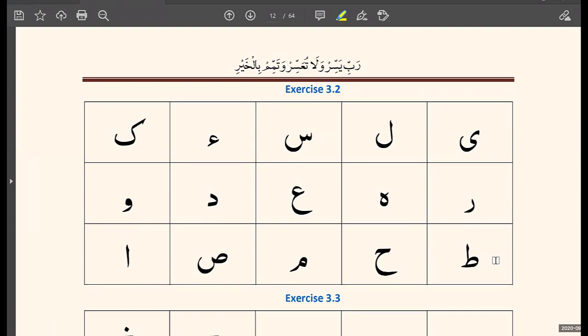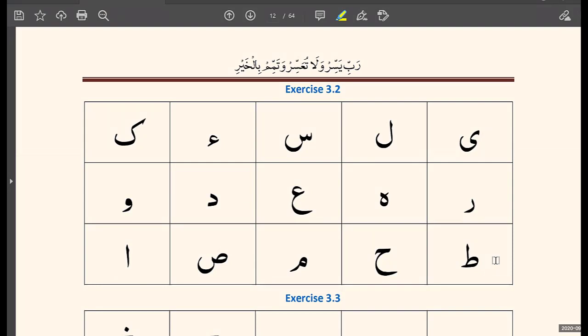Okay, and the fourth column, please. Hamza, Dal, Sod. Simple, soft, mild, flat mouth. Okay, now category. Hamza is thin. Dal is thin, and then Sod is thick.